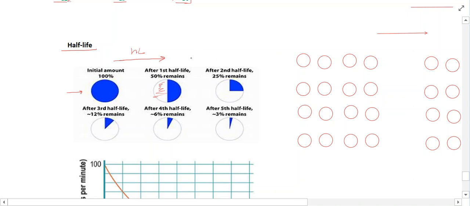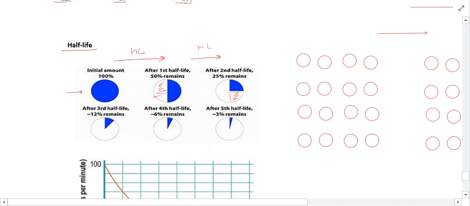And then if we go another half-life and we look at the same sample, of the half that has not broken down yet, half of them will have broken down. So this half will have decayed, and half of it will have remained. So basically you start off with 100%, none of them broken down.